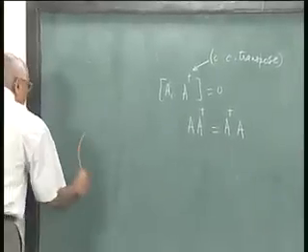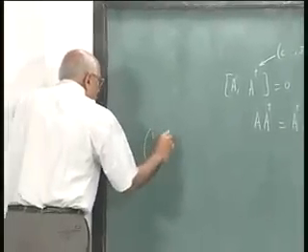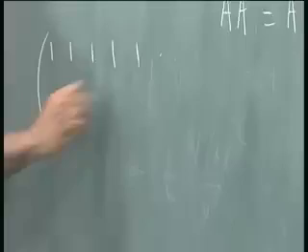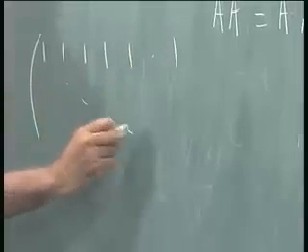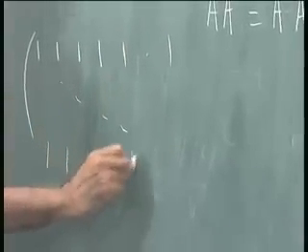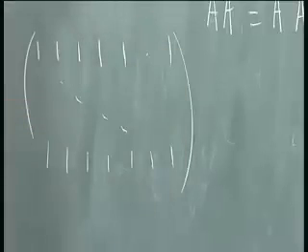We will try to use it a little later, but let me give you an example here. Suppose you have an n by n matrix, all of whose elements are 1, everything is 1. What are the eigenvalues of this matrix? Zero is certainly an eigenvalue because the determinant of this matrix is obviously 0.